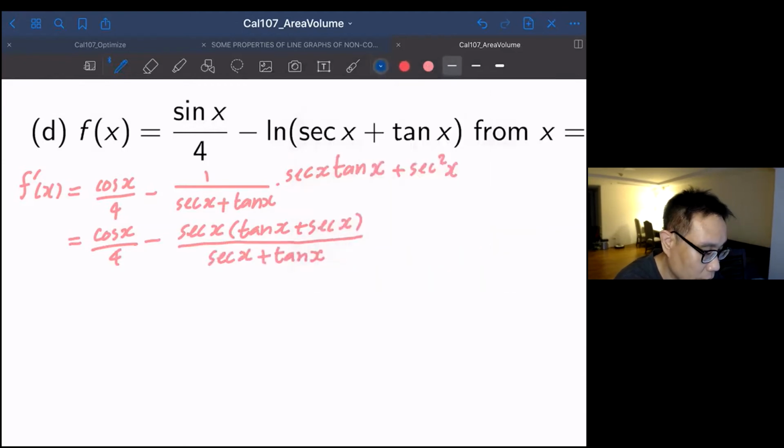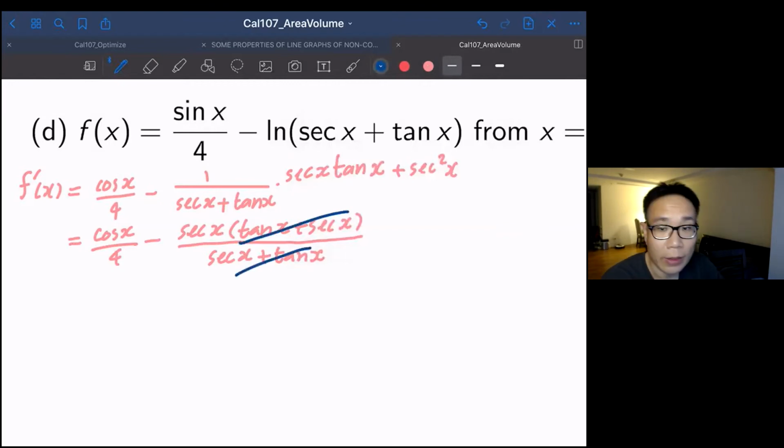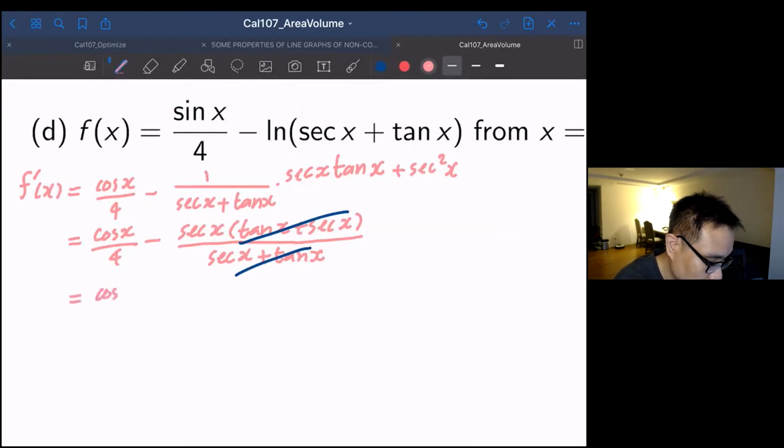And for this one, you get rid of sec plus tan, so you get cos x over 4 minus sec x that you have left up here.